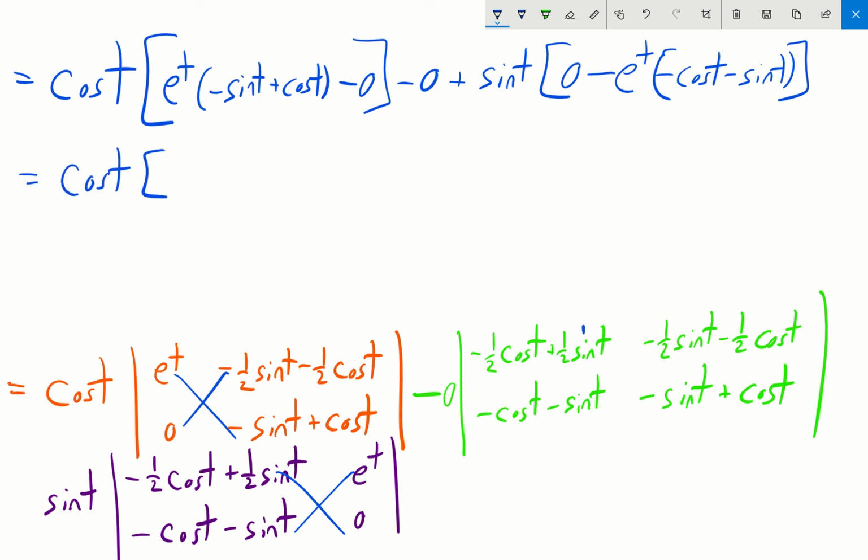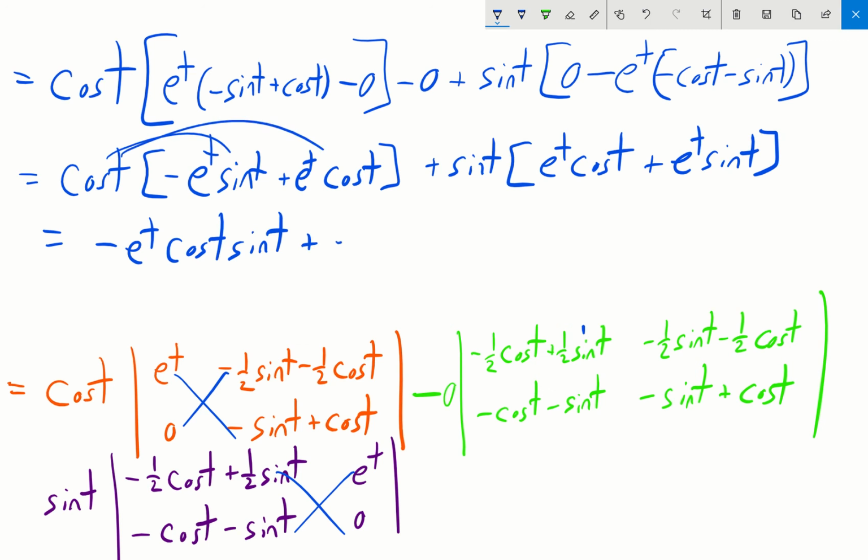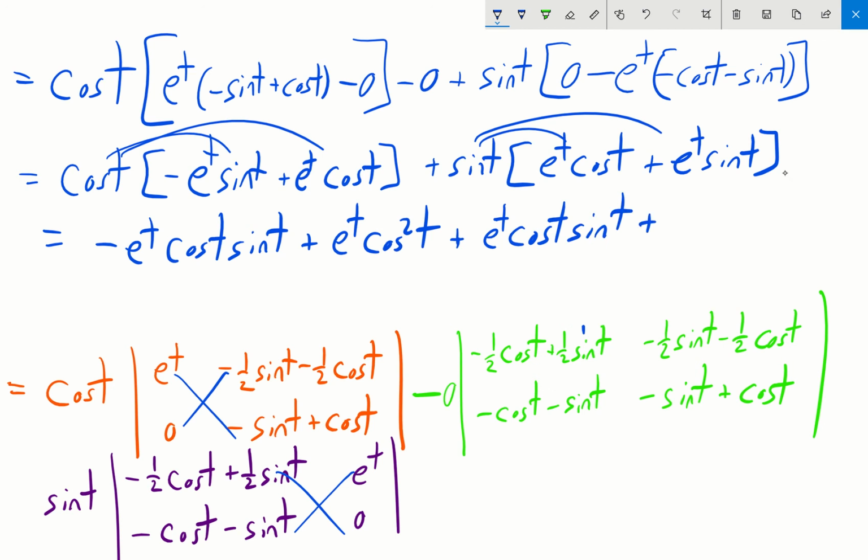So we have cosine t times negative e to the t sine t plus e to the t cosine t plus sine t times, this will be an e to the t cos t plus e to the t sine t, which is equal to negative e to the t cos t sine t, distributing, plus e to the t cos squared t, plus distributing, e to the t cos t sine t, plus e to the t sine squared t.